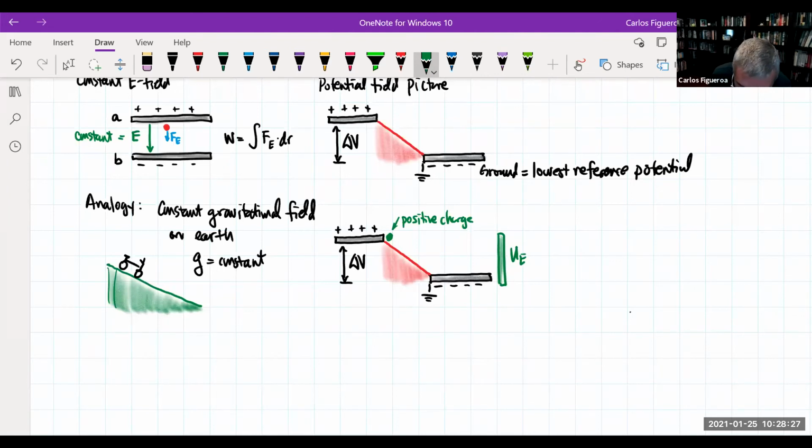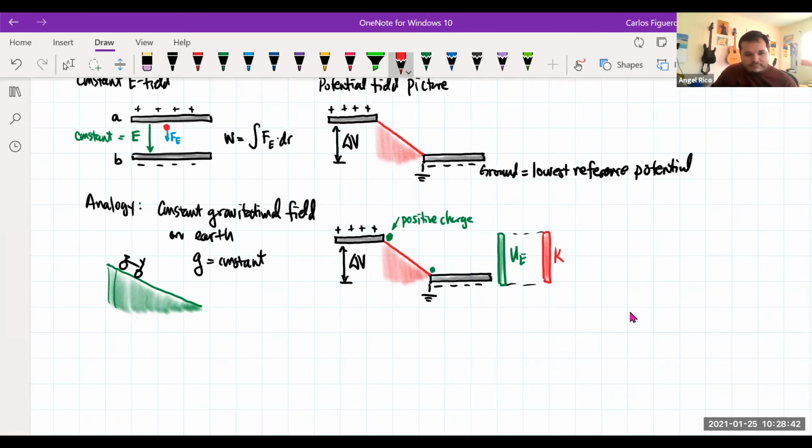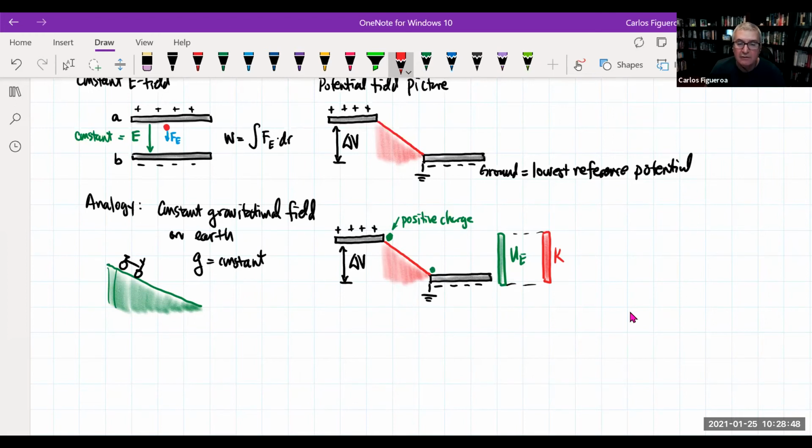And when this charge gets all the way down to the bottom, it converts all of its energy into what? Kinetic energy. That's why we deal with potential, because conservation of energy is much easier to deal with than electric fields.